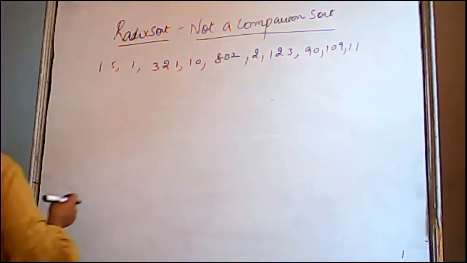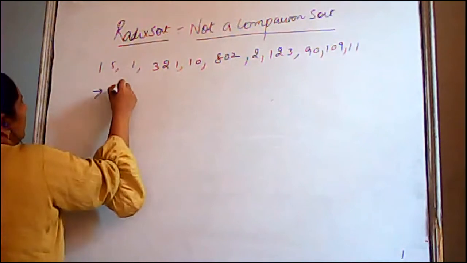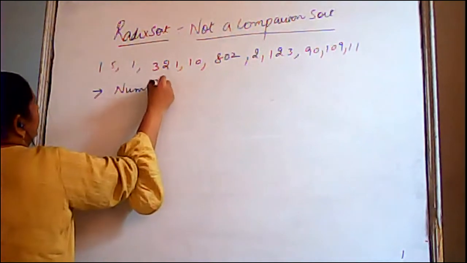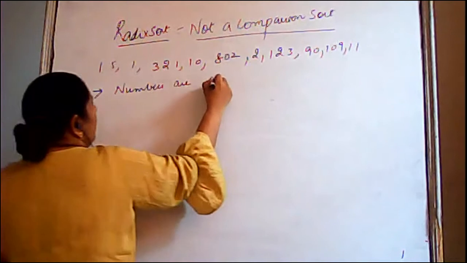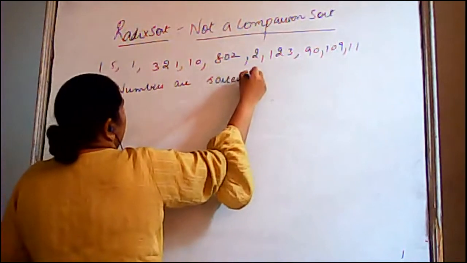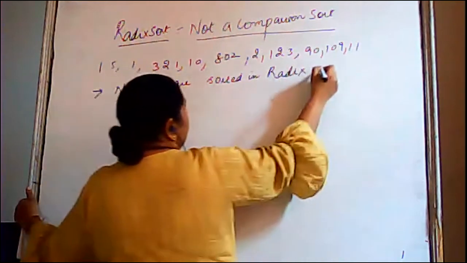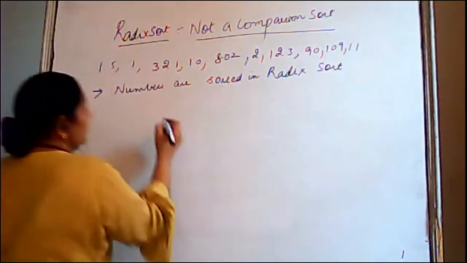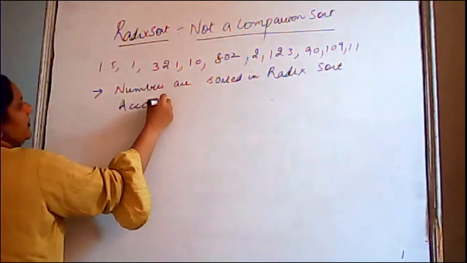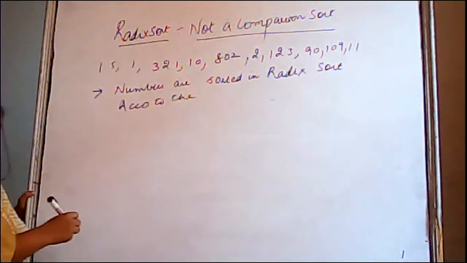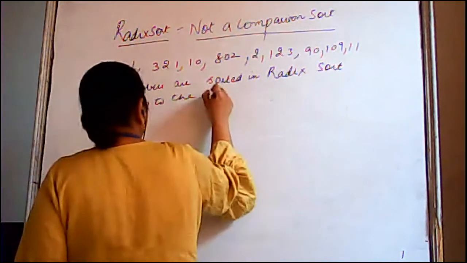Numbers are sorted in a radix sort according to the place value of the number.